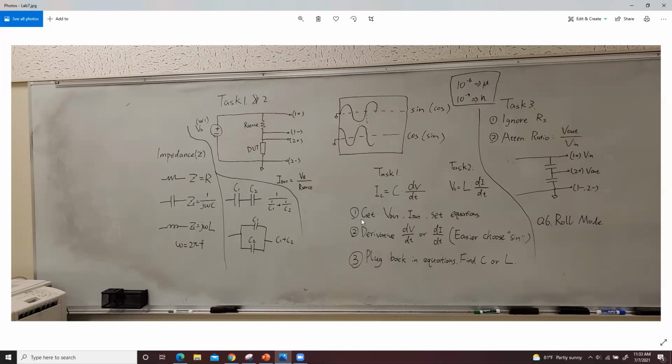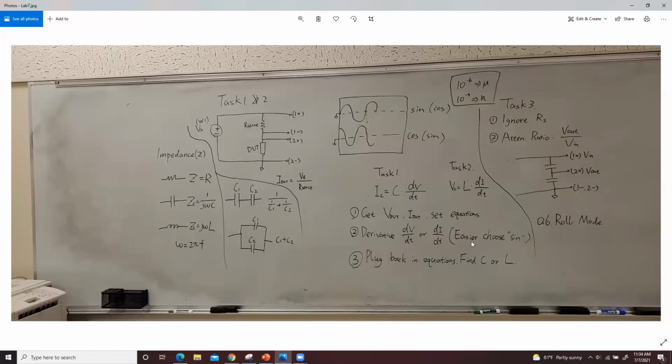After you set the equation, you can do the calculation. You need to take the derivative of the voltage in the first task, or the derivative of the current in the second task. It will be easier if you choose the sine wave for the voltage, or the sine wave for the current in task 2.